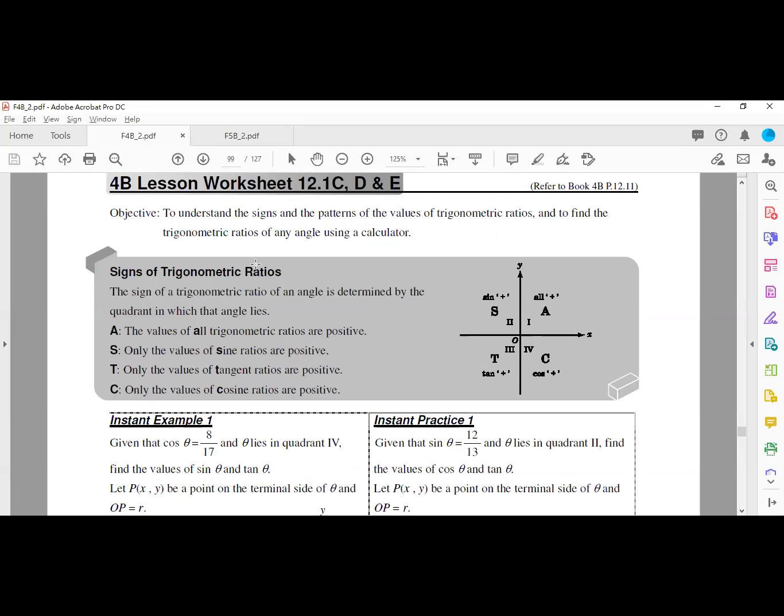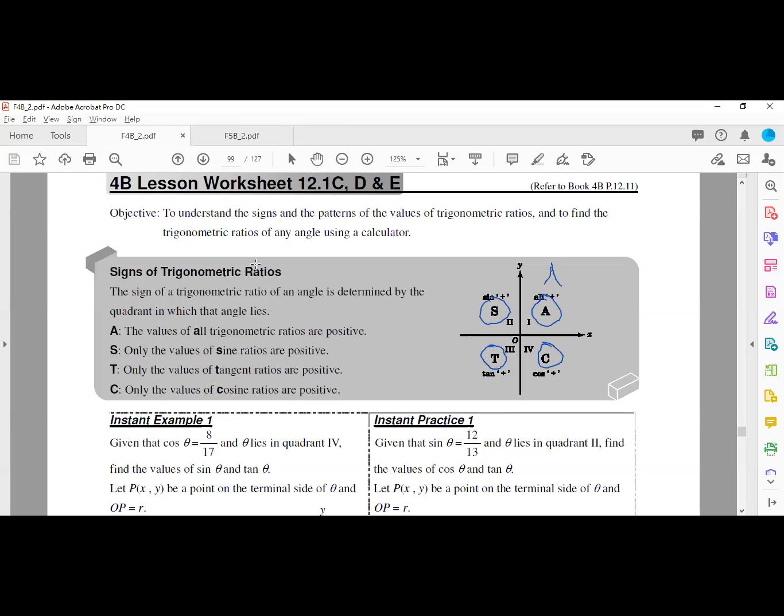OK, 我哋要記多少少嘢嘅，記埋喺度就差唔多學晒㗎啦，得唔得？記4個英文字母 ASTC。Quad 1 is A. Quad 2 S. Quad 3 T. Quad 4 is C. So what is meant by ASTC? What does it stand for?